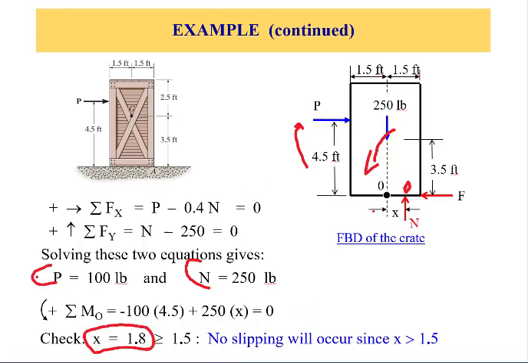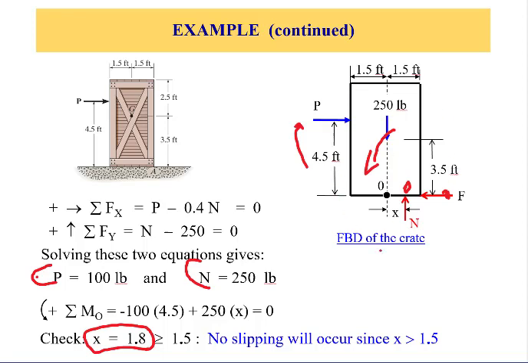Now 1.8 is greater than 1.5, so according to the assumption, this O is located somewhere outside, so this is invalid, meaning that this object will not slip.